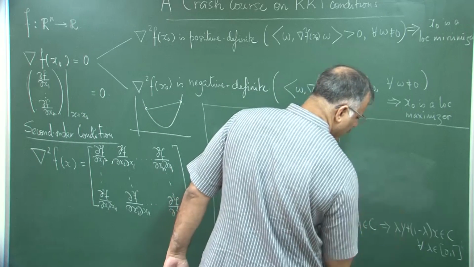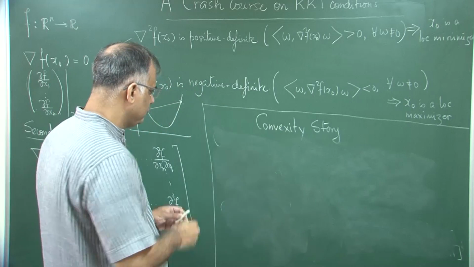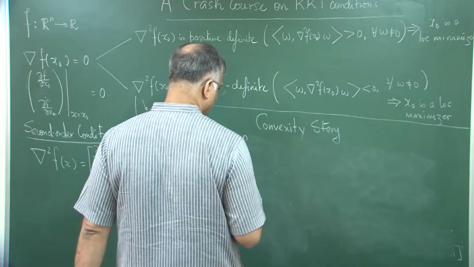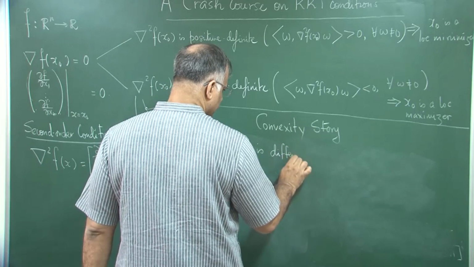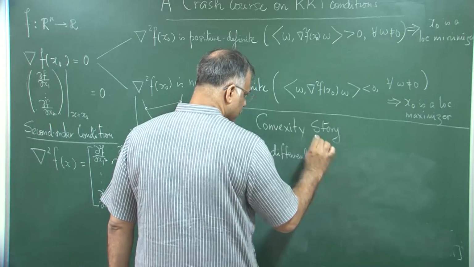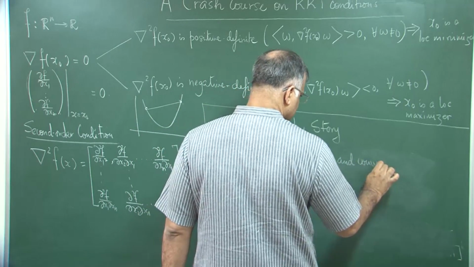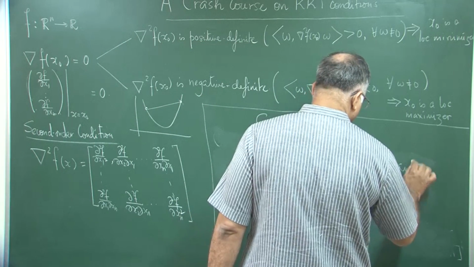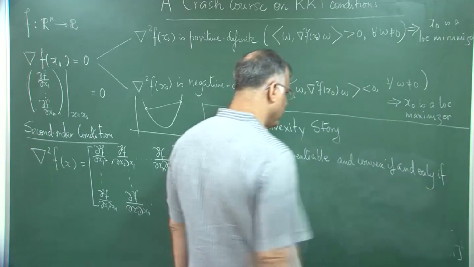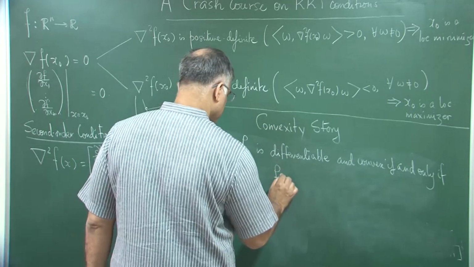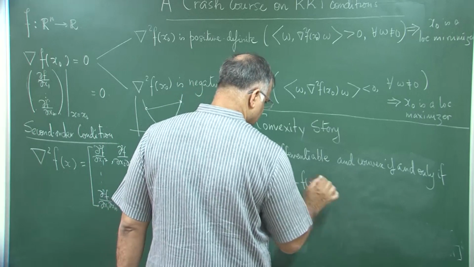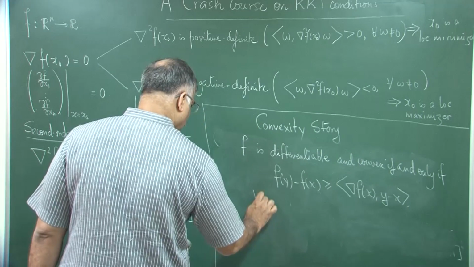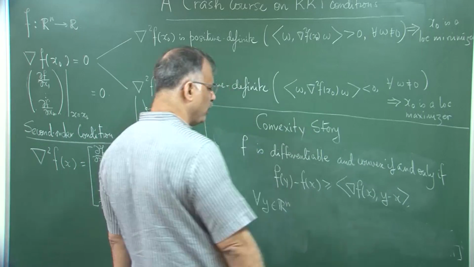The reason is this: suppose I have a function which is differentiable and convex, then f will satisfy a following nice inequality. f is differentiable and convex if and only if f y minus f x is greater than or equal to the gradient of f at x inner product y minus x, and this is for all y element of Rn. We are just bothered about convex functions from Rn to R.